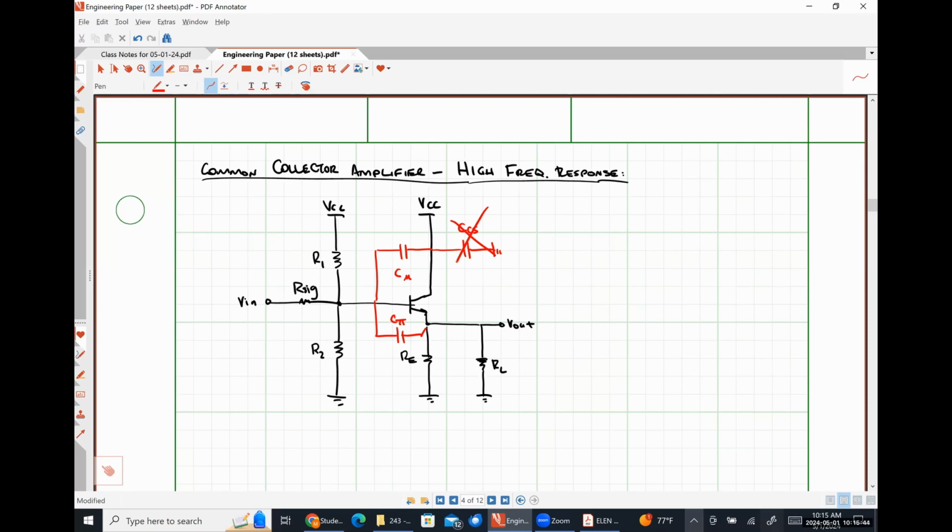Our capacitor C mu is just going to be connected between the base and ground, right? So we are going to refer that capacitance effectively over to the input side of things, because ground is ground. It doesn't matter if we treat it as if it's at the collector or elsewhere. And then that C pi is going to be in parallel with the resistance R pi.